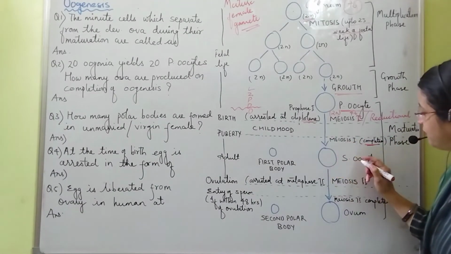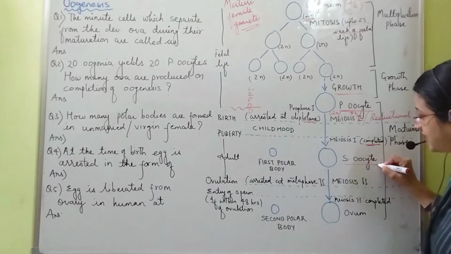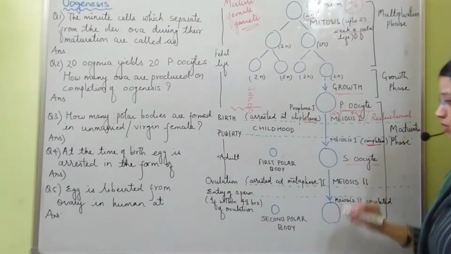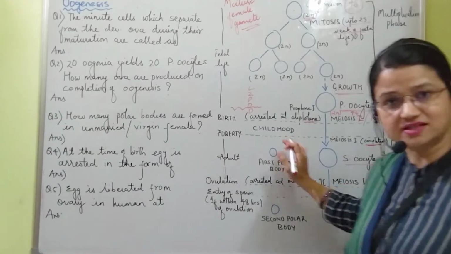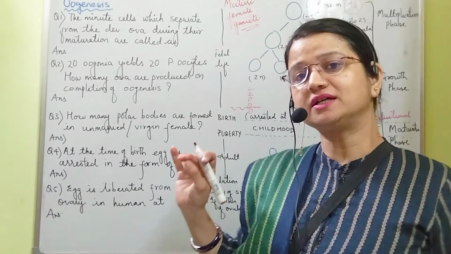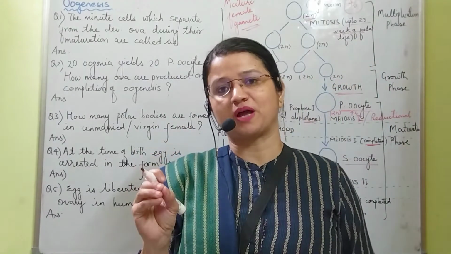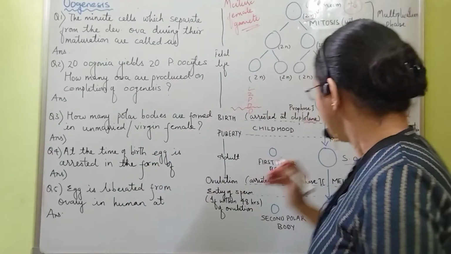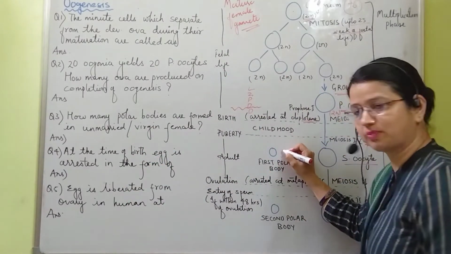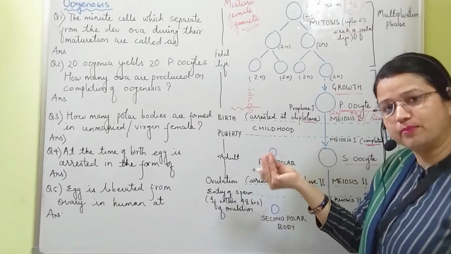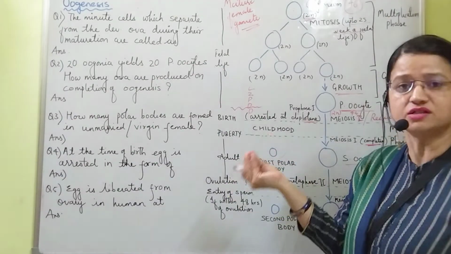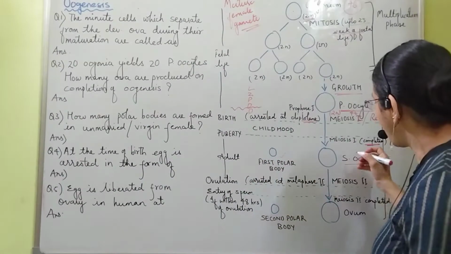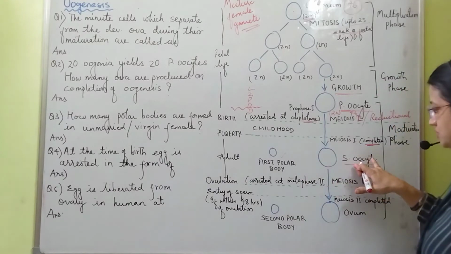Now we will get the secondary oocyte and the first polar body. Here cytokinesis will take place, but the distribution of cytoplasm is not equal. In the polar body, the amount of cytoplasm is less. A small polar body will be formed, known as the first polar body, and we will get a secondary oocyte.